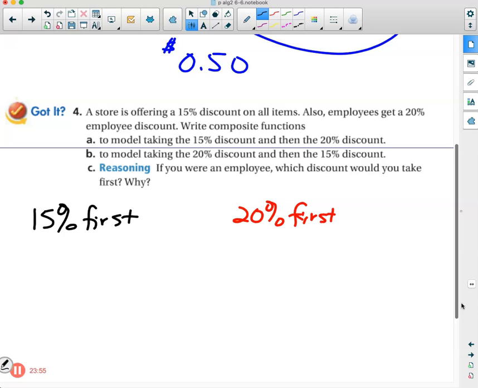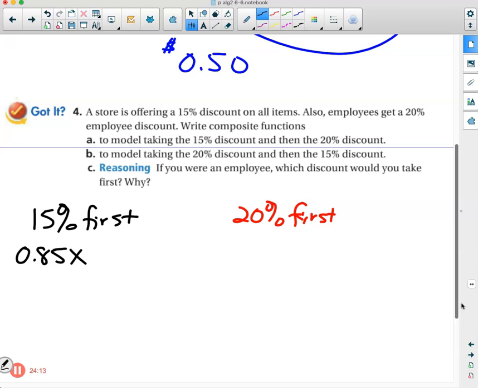And we'll see how those two differ. So let's think. If you get 15% off, how much are you paying? 85%.